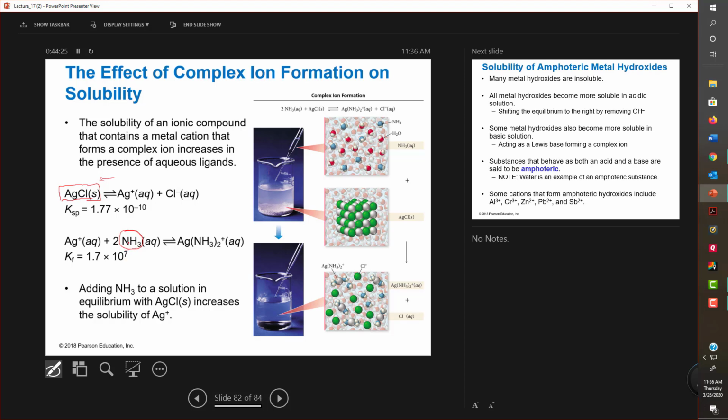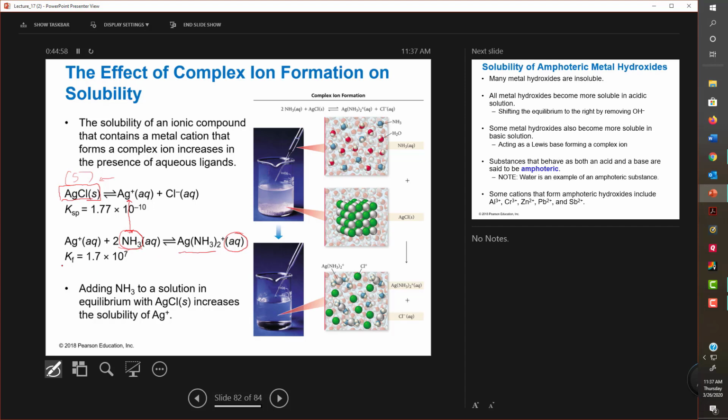If you add too much ammonia, the silver ion is going to react with the ammonia and form this silver ammonium complex, which is aqueous. So now you don't have the precipitate. In fact, you might have had a solid here, and then all of a sudden the solid disappears when you add ammonia. So the ammonium complex goes through the filter paper, and you don't collect the silver.